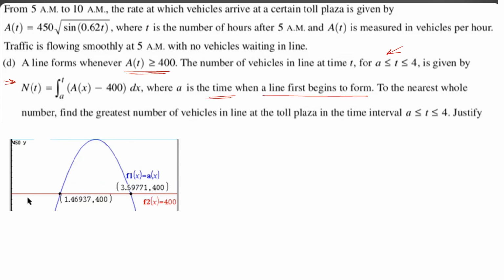To the nearest whole number, find the greatest number of vehicles in a line at the toll plaza in the time interval from a to 4, and justify your answer.